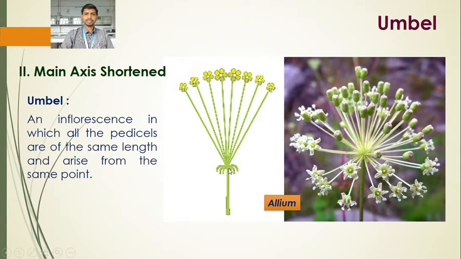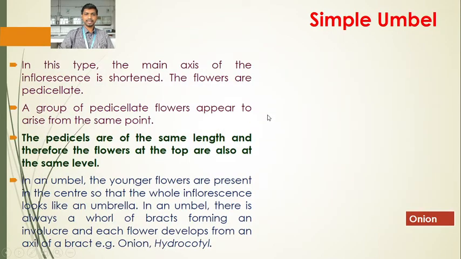So the whole inflorescence is surrounded by a series or a rim of bracts that we call the involucral bracts. The pedicels of the flowers are of equal length, so this whole structure looks like an umbrella. Each flower develops from the axil of a bract. For example, onion, Hydrocotyle.